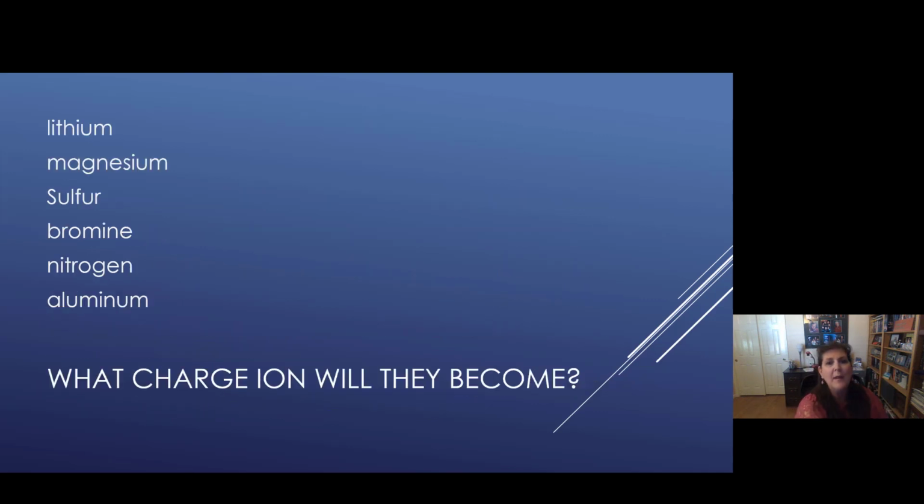All right, what charge will be on these ions when they're an ion? Lithium, first column, plus 1. Magnesium, second column, plus 2. Sulfur, sixth column, minus 2.